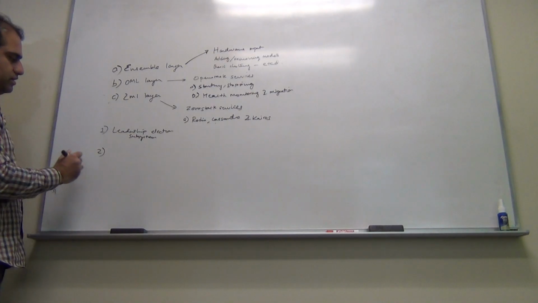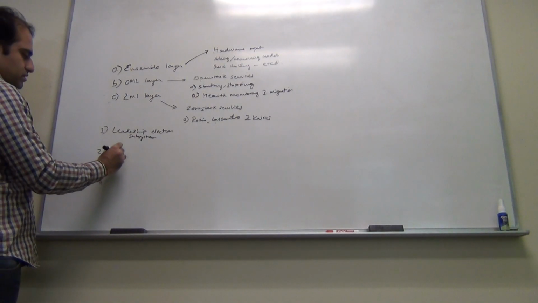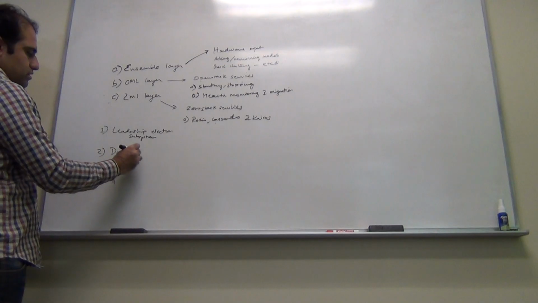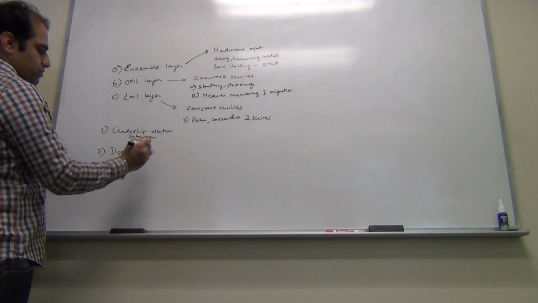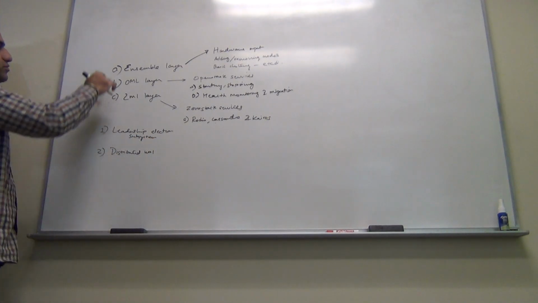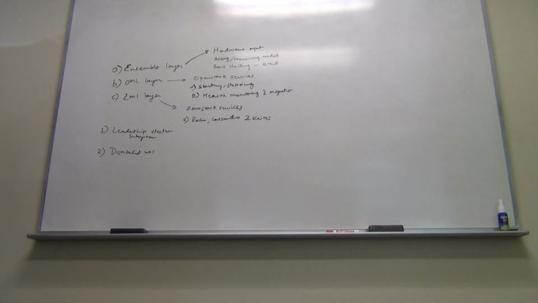And we have a distributed wall, which is again built on top of etcd. And this is used by all these layers. So you have a different election for ensemble going on, you have an election for OML going on, and an election for ZML going on.